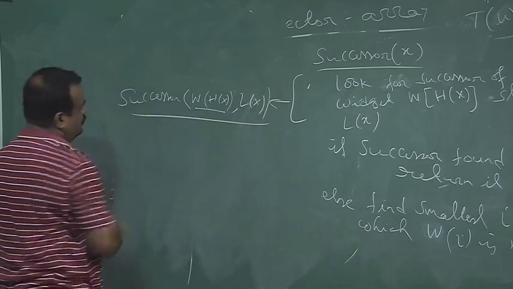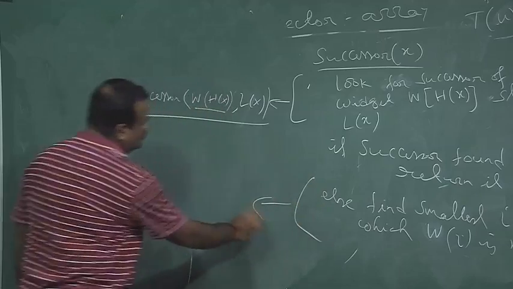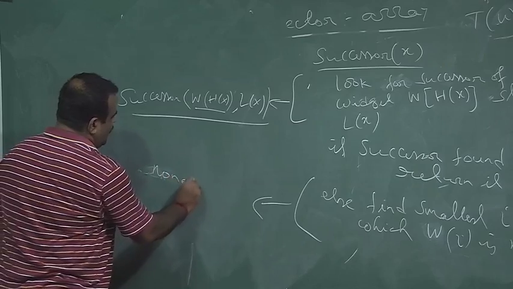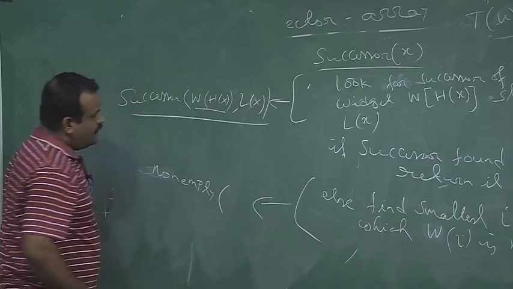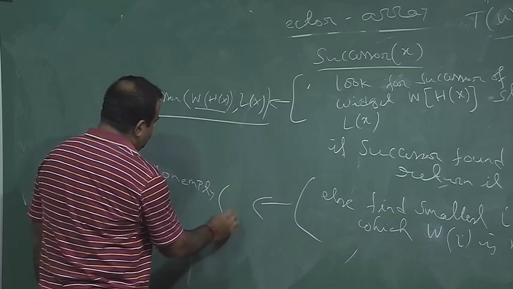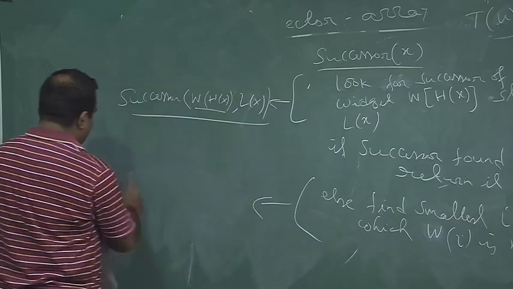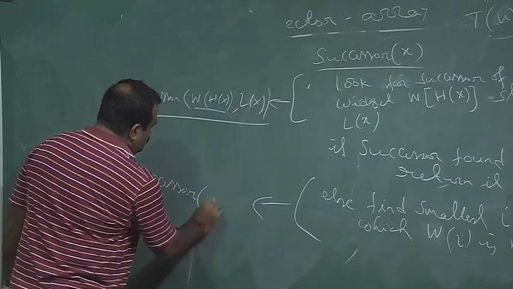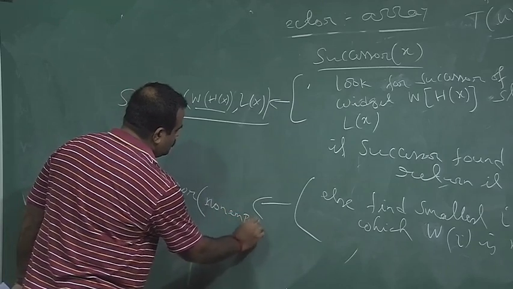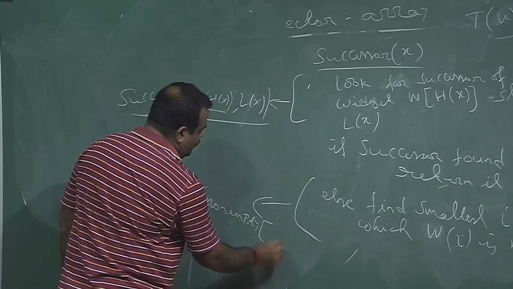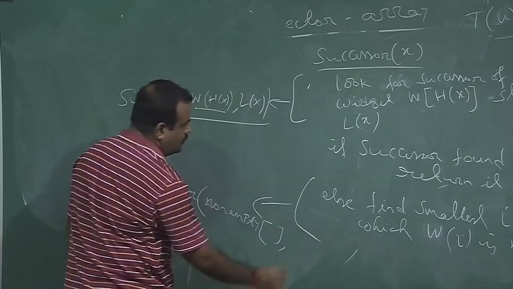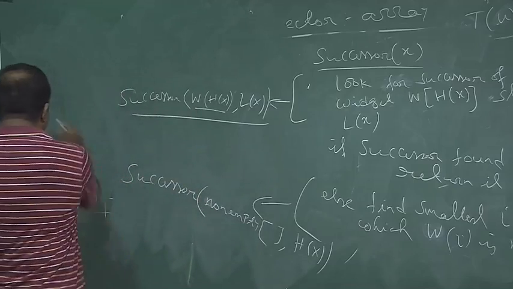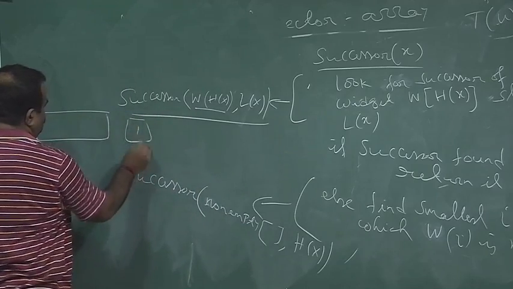This is a successor call, and here also this is a successor call on the non-empty array after this h of x. So, this is also a successor call, and the last one, once we know this is non-empty.